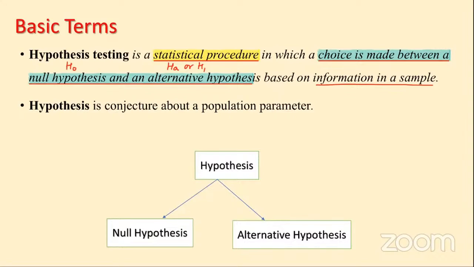We always write the hypothesis about the population, and then we decide whether to go with the null or alternative hypothesis at the end of the statistical procedure. There are two types of hypothesis, null and alternative, and we'll talk a lot about them in this course.